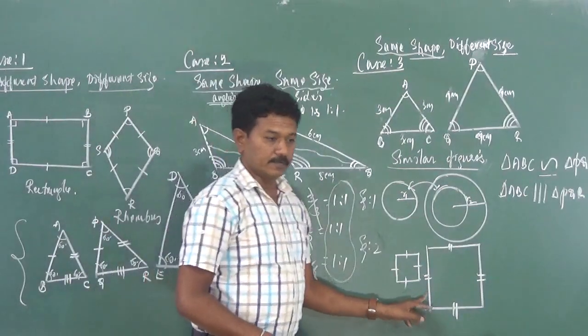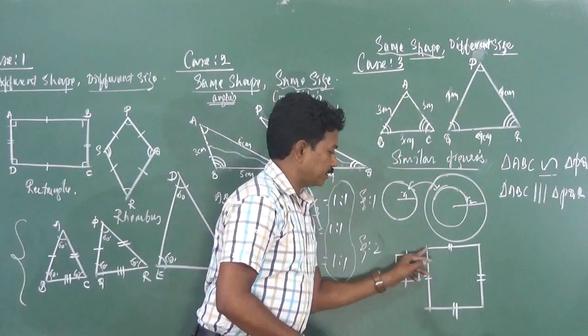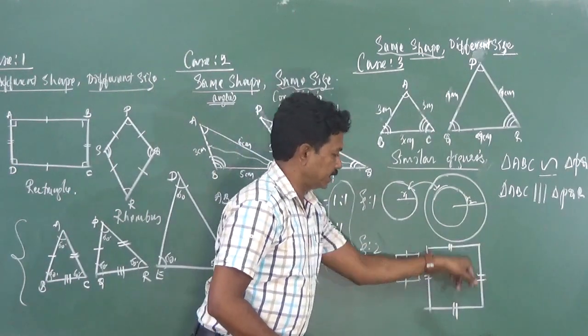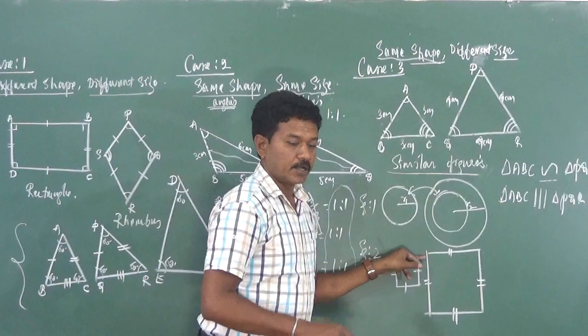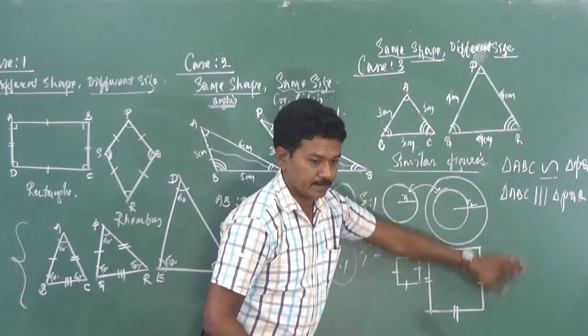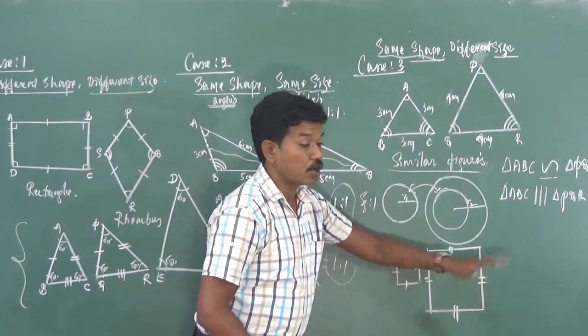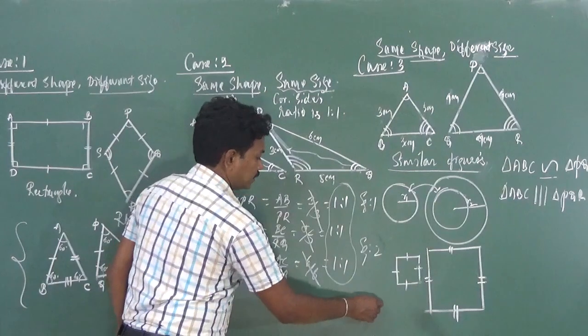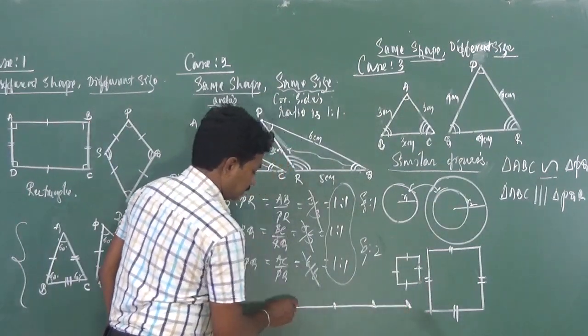See, I will go with the definition. A polygon is a closed figure. It's a closed figure bounded by line segments which are coplanar. All the 4 line segments here are on the same plane. Coplanar. They are non-collinear. Non-collinear in the sense they are not like this: first line segment, second, third, and fourth.